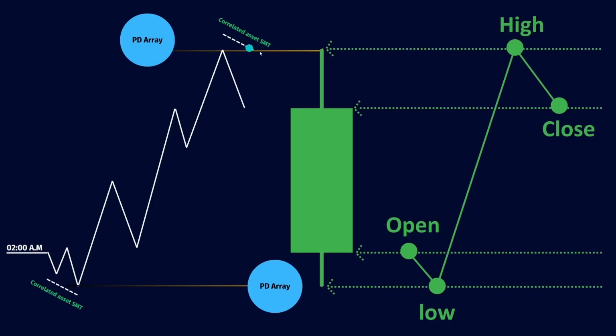But in this high, your confirmation for the end of the distribution is one SMT with one correlated market. It's the same for the low, it's the same for the high.